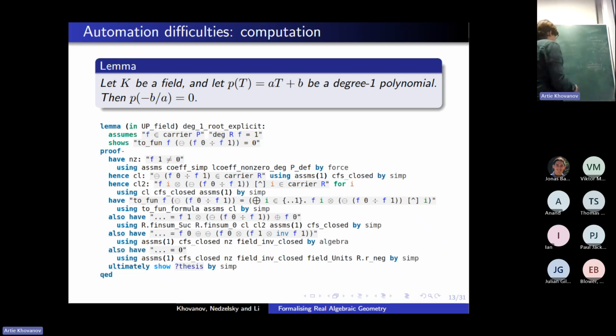This is saying f of b over a, where f0 and f1 are the coefficients, is the sum from k equals 0 to 1 of the coefficient k times b over a to the k, and then you have to expand this out and then simplify it.